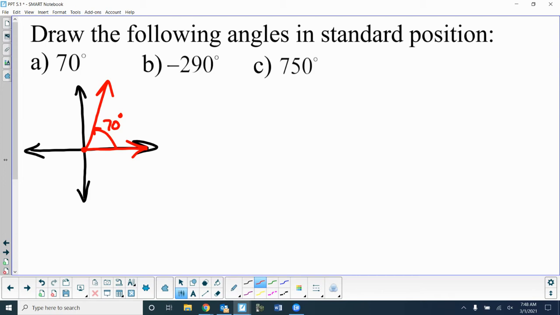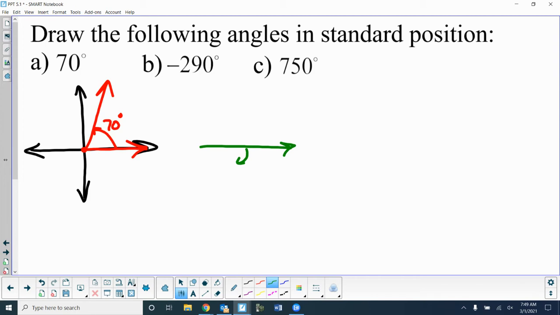If I wanted to do the negative 290, here's my initial side. Negative 290 means I'm going to go this direction, clockwise, right?